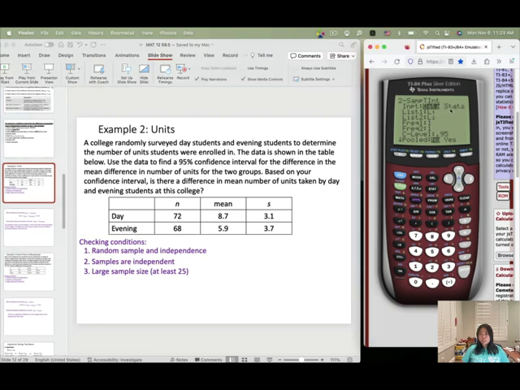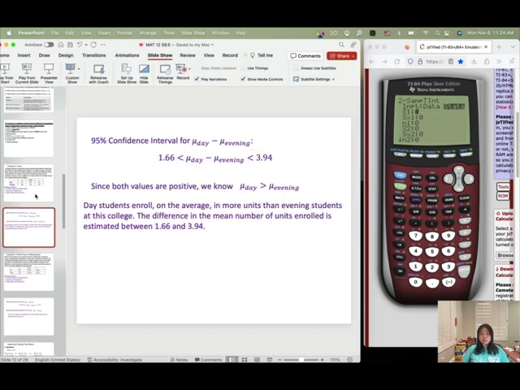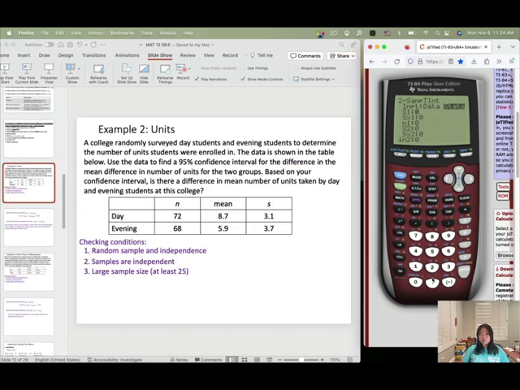So we're gonna go to here. Enter. And then we have the sample mean 1. Okay, my sample mean 1 is talking about the day here, mean of the day. So that will be 8.7.